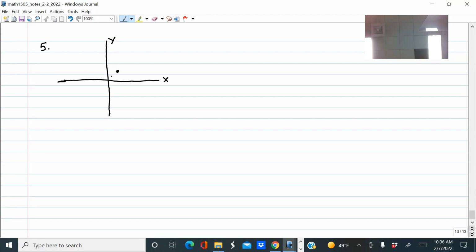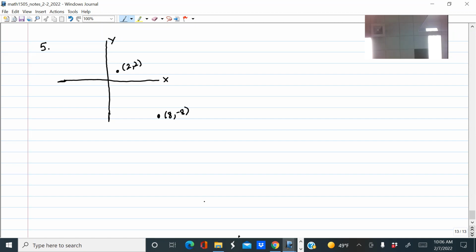And then what was the other one? -8 and 8. No, +8 and -8. Oh, I see. So +8 and -8, maybe somewhere down here. So 2 and 2, and then 8 and -8. But you want the point to be on the y-axis.